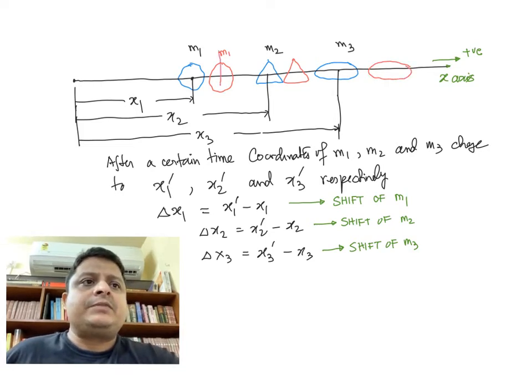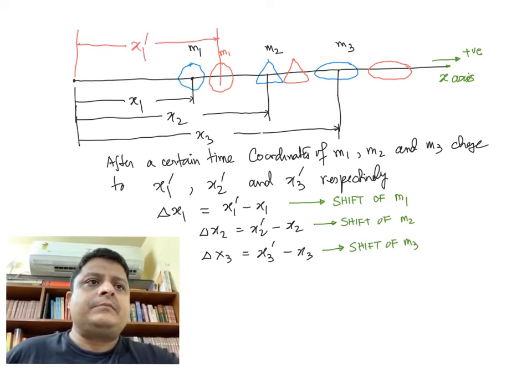So this is x1 prime, x2 prime, and x3 prime. Here it is, I'll draw it below.